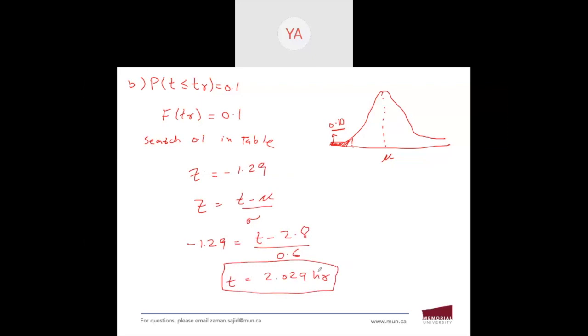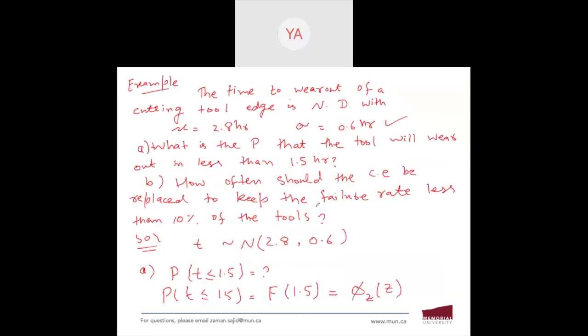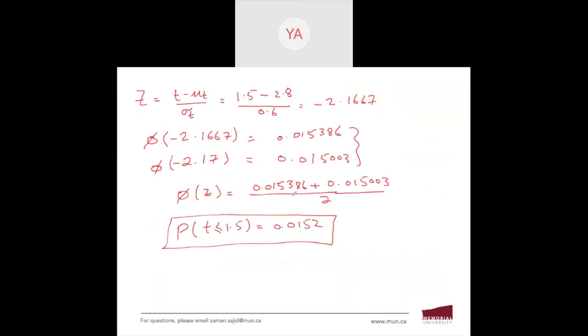Now, one thing you need to remember, the z table basically gives you the proportion which is less than a certain z score. By that, I mean to say, if in the first statement, he's asking what is the probability that the tool will never wear out in more than 1.5 hours, in that case, you need to subtract this number from 1. It is not the objective, but I'm just writing it down here.